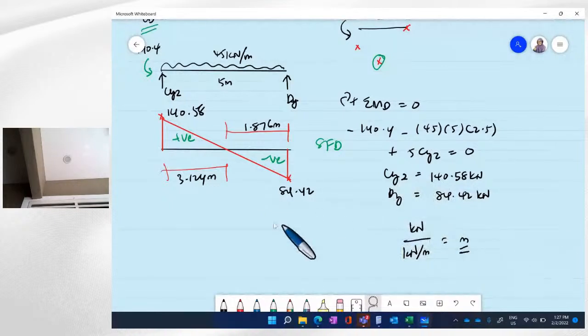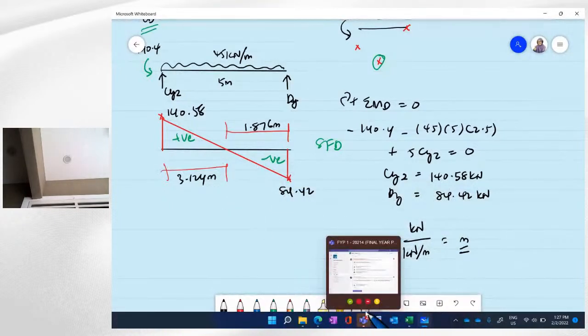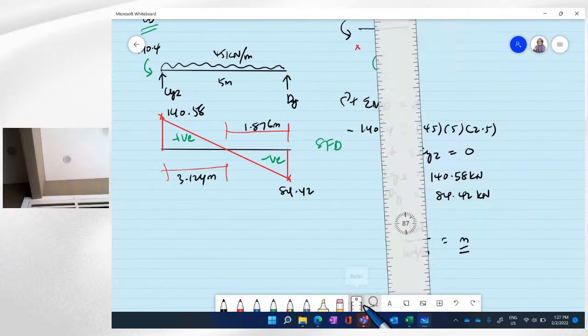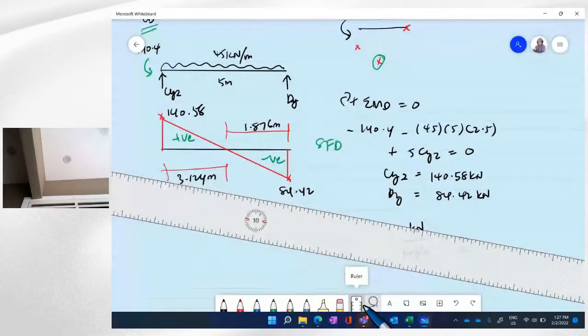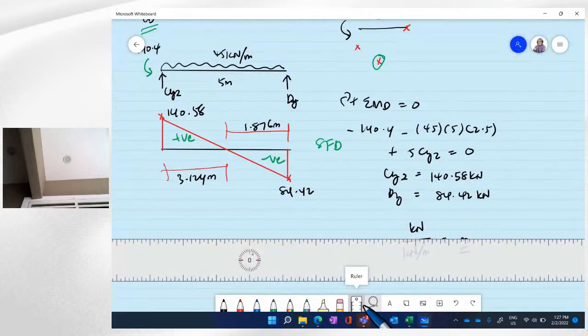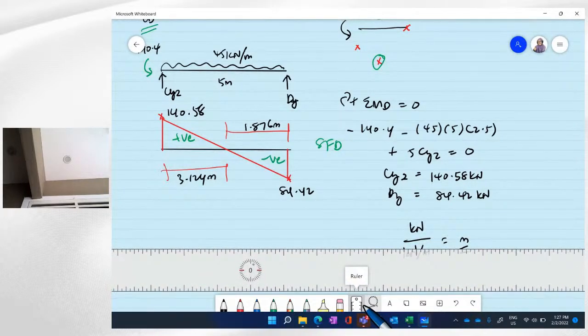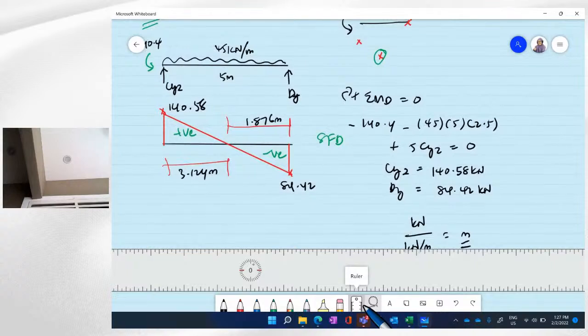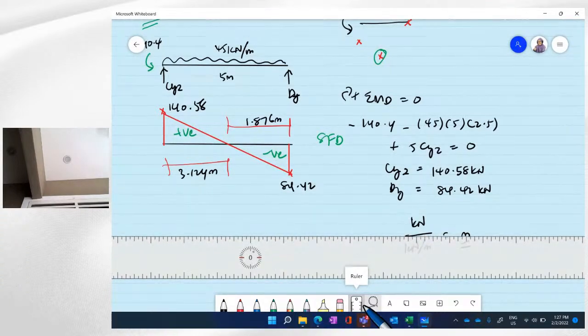Okay. So now we want to draw the last diagram, which is the bending moment diagram. For the bending moment diagram, there is a maximum moment. The first moment, we will base on the moment value at CD, which is negative 140.4.